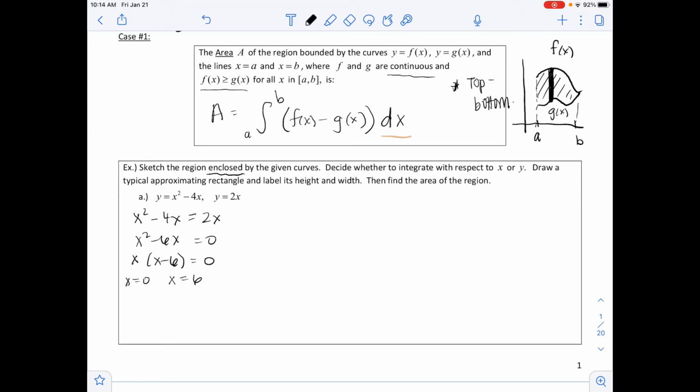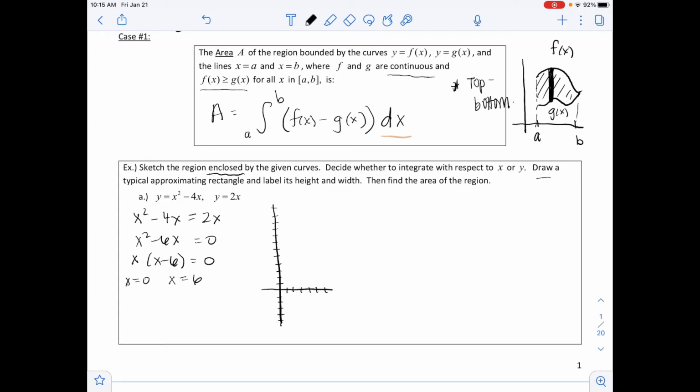So for this example, we also need to sketch and draw an approximating rectangle and also the region. So sketching this, I know that my values of x are going between 0 and 6. And then my values for y, I know definitely are going to go all the way up to at least 12, and then we'll go down to -4 or -5.